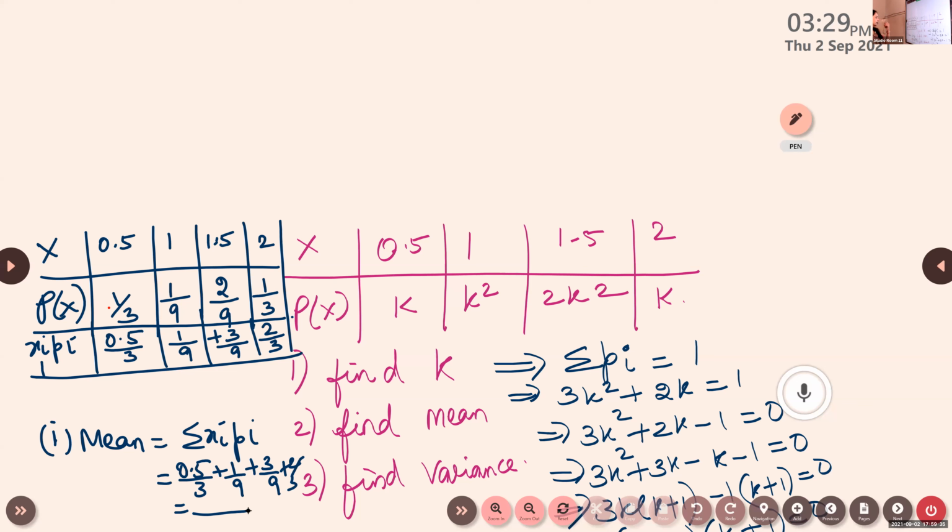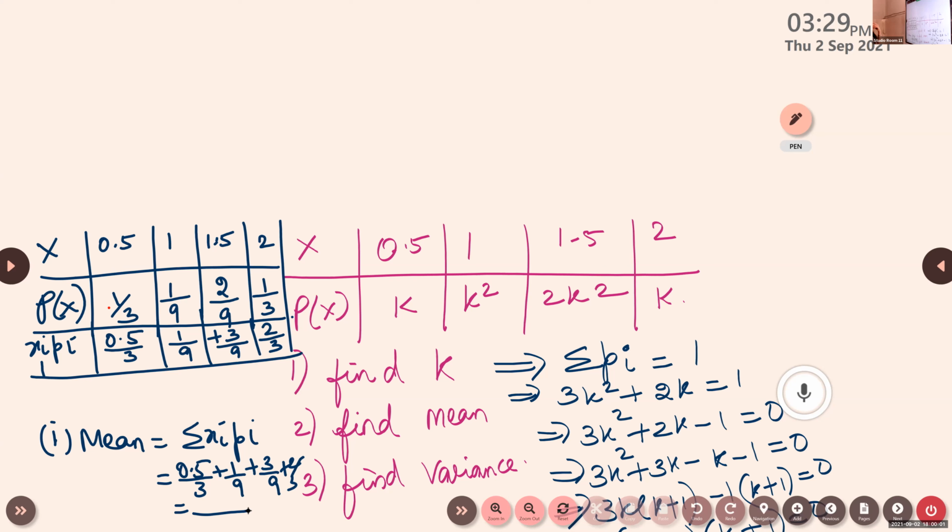If you want, we can take the LCM here. Simplify and check the answer. Is it clear, Femina? Finding mean? Yes, ma'am.